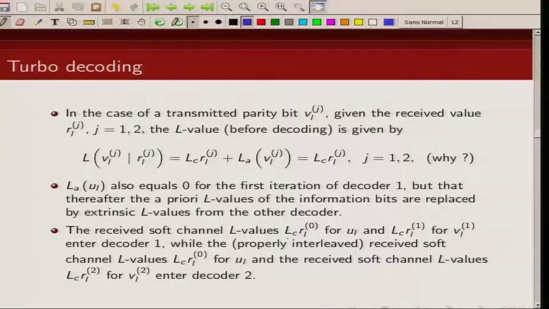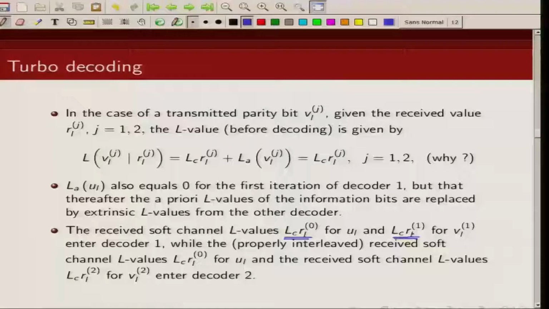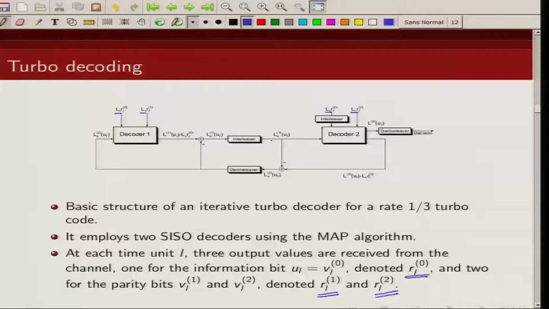And again the received values that we got from the channel, LC RL0 and RL1 and RL2, remember to feed them in proper order when you are feeding to decoder 1 and decoder 2, and this we have explained also earlier. You can see when we feed the extrinsic information from decoder 1 to decoder 2, we are interleaving it.